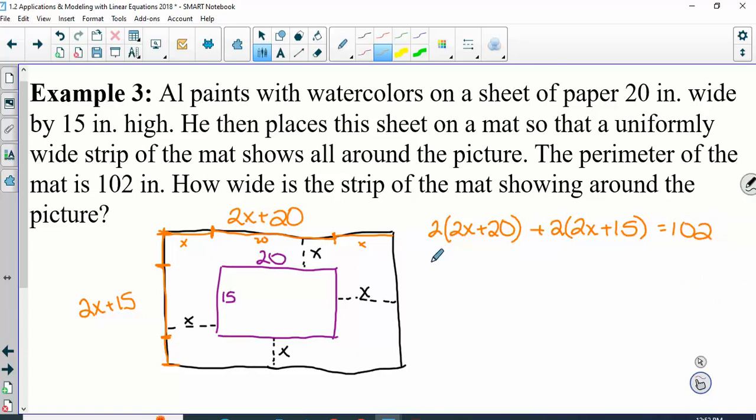So then how do we solve? Combine like terms. We get 8x plus 70.